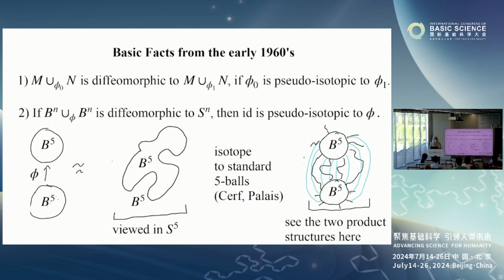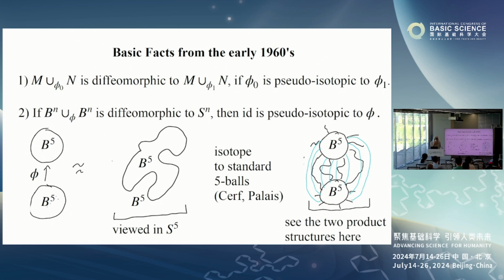However, it's a little exercise, probably known from the beginning, that there's some flexibility. If the gluing maps differ by pseudo-isotopy, then you get the same manifold up to diffeomorphism. I should say, working in the smooth category.